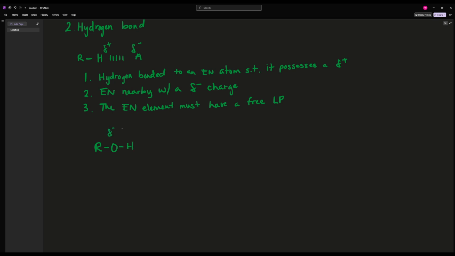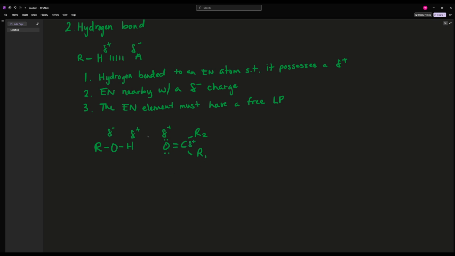Remember, this oxygen will have a partial negative. This hydrogen will have a partial positive. Then let's put maybe another oxygen that is connected to a carbon in what's called a carbonyl. We don't care about what it's attached to here. This oxygen will possess a partial negative, and it in fact has two lone pairs. This carbon has a partial positive.